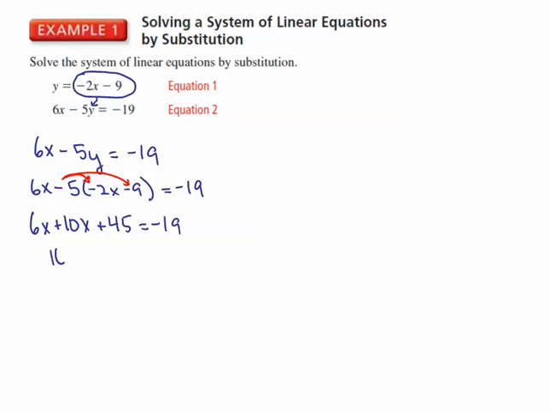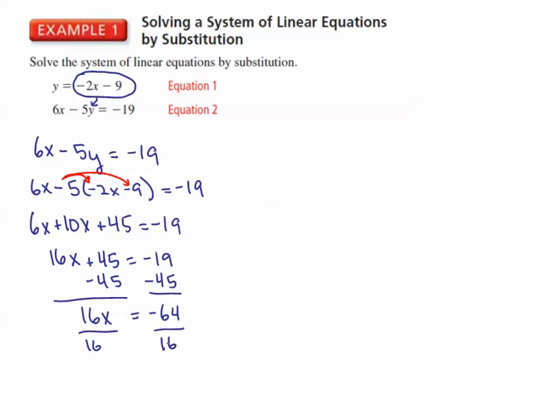Combining like terms on the left side, I get 16x plus 45 is equal to negative 19. Subtract 45 on both sides, and I end up with 16x is equal to negative 64. Dividing both sides by 16, I end up with x is equal to negative 4.